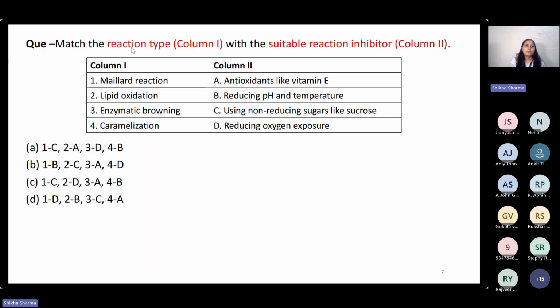So match the reaction type in column 1: first the Maillard reaction, second lipid oxidation reaction, third enzymatic browning and fourth caramelization. In column 2, we have the suitable reaction inhibitors: A, antioxidants like vitamin E; B, reducing pH and temperature; C, using non-reducing sugars like sucrose; and D, reducing oxygen exposure.